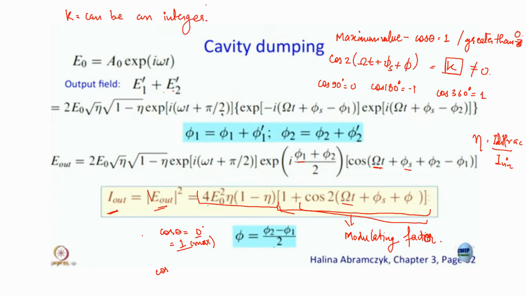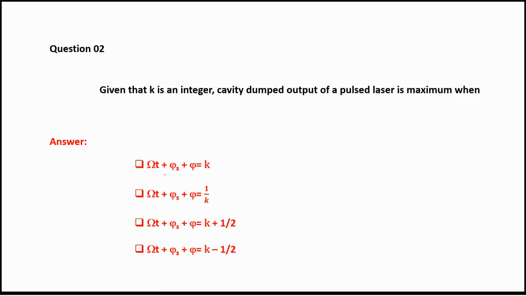What we were asked in the question: given that k is an integer, the cavity dumped output pulse laser is maximum when.